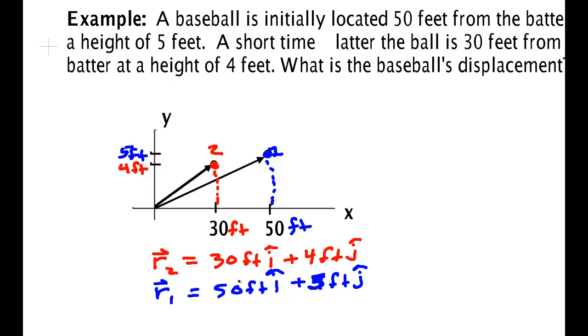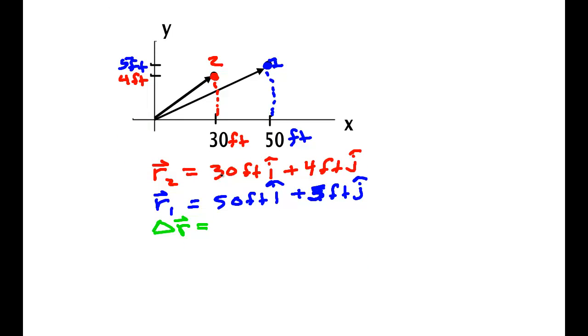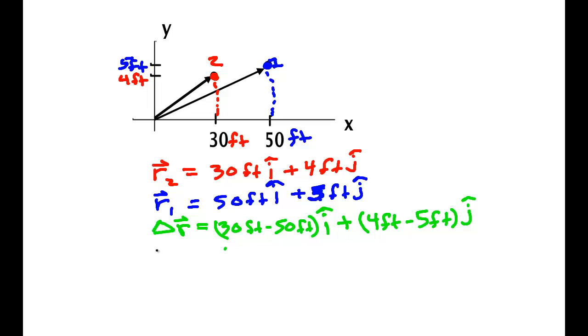So what's delta R? Well, delta R is found by taking the 30 feet in the i hat and subtracting the 50 feet. So 30 feet minus 50 feet along the x, that's delta x, and taking 4 feet and subtracting 5 feet along the y.